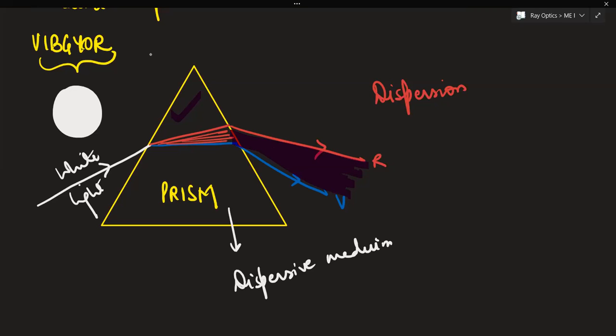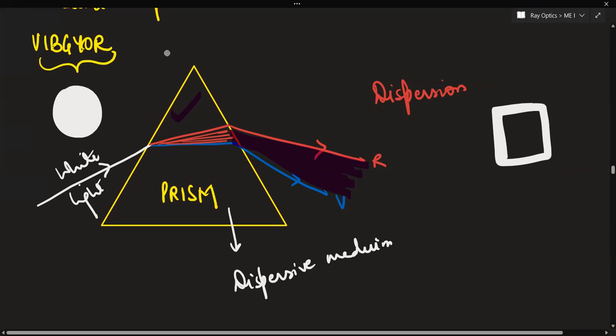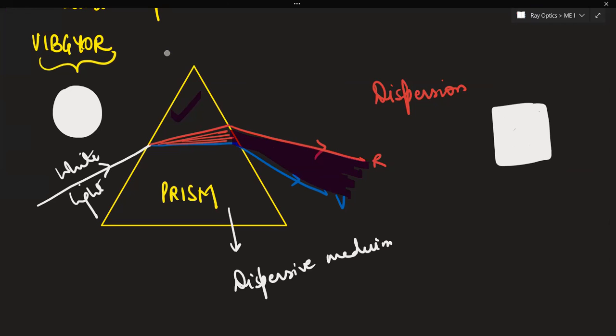Now see, let's talk about a non-dispersive medium. Let's say air. If air is present, some amount of white light is present at this point. Now when this white light is passing through air, is it getting dispersed? No. Until and unless it passes through a material like a prism, it won't get dispersed.